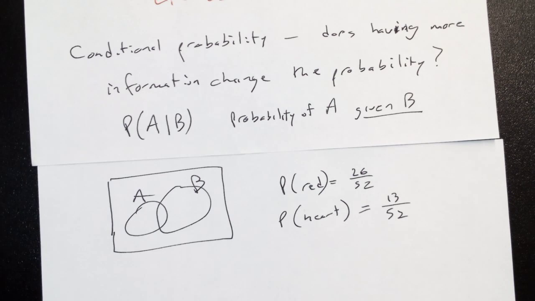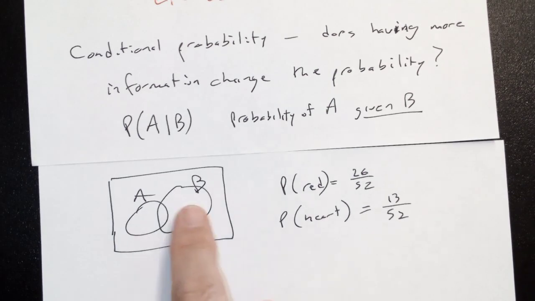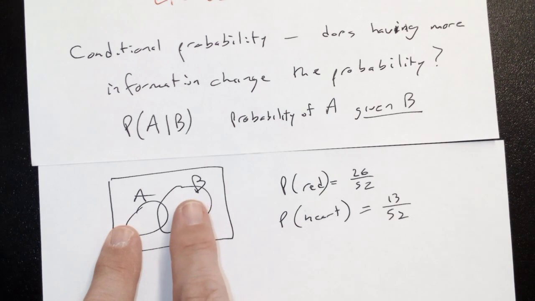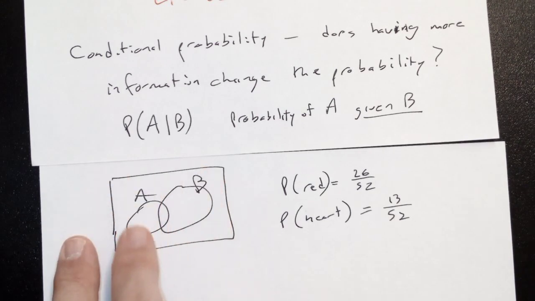I've given you more information, haven't I? So what I'm now asking is, what's the chance that this card is a heart given red? Say again. Why? Because I've changed my sample space. If I think of red cards, hearts, right? There are more reds than hearts. But what I'm now saying is you can't use any of this part.